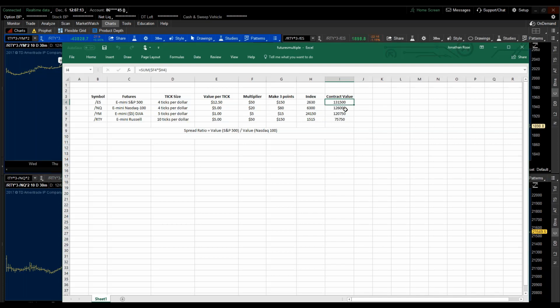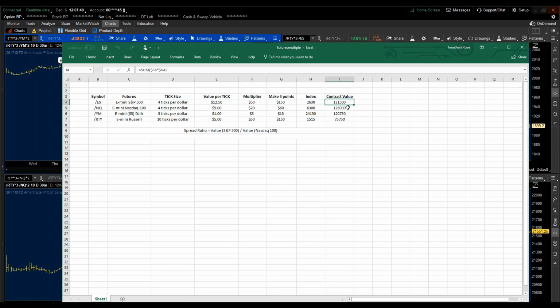Because they're all around the same price, to get the spread ratio you could just do 1 divided by the other. If you divide S&P into NASDAQ, it's just 1. I can get a calculator and give you the exact math, but 1-to-1 is fine. If there are really big moves in one of the indices and not another, you might see these change.